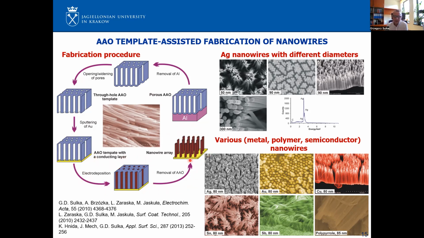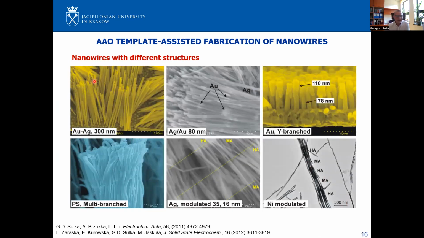And finally, we can achieve a nanowire array, and we produced different nanowires. Here are some examples of silver nanowires with different diameters ranging from 550 to 300 nanometers, and with various materials like silver, gold, copper, tin, antimony, polypyrrole, and so on. There are further examples like alloy nanowires, gold-silver multi-layered nanowires.